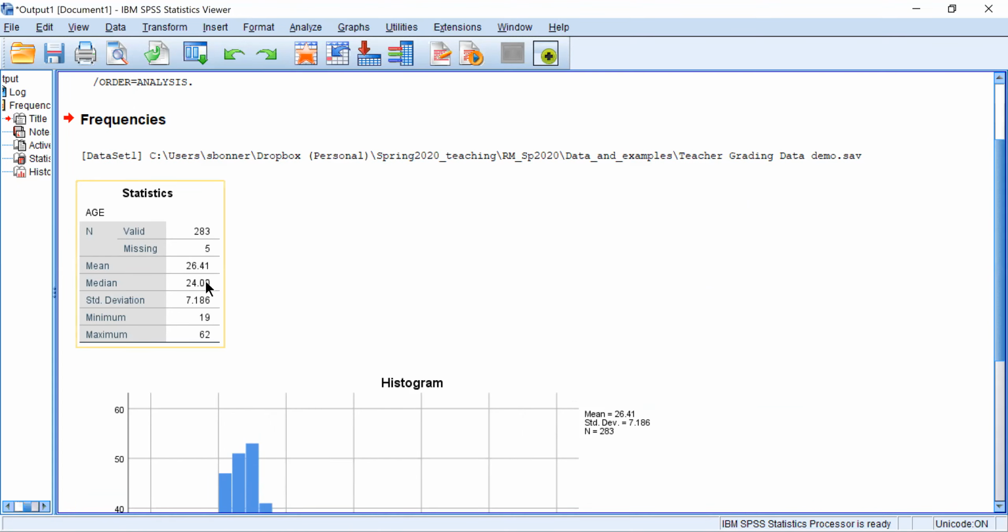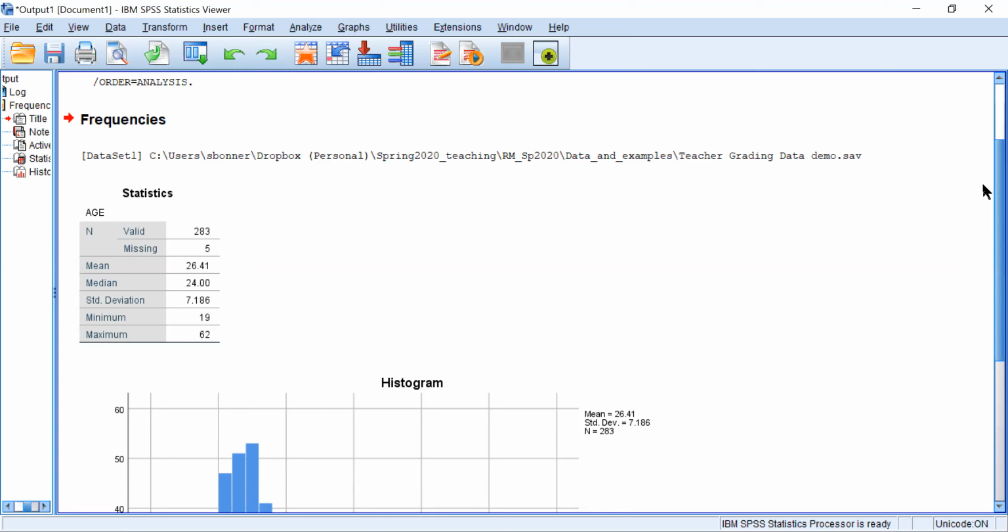Well, first of all, the median is below the mean. That means that the mean is getting pulled up by some characteristic of the values, some outlier at the high end. It's pulled towards outlier scores.